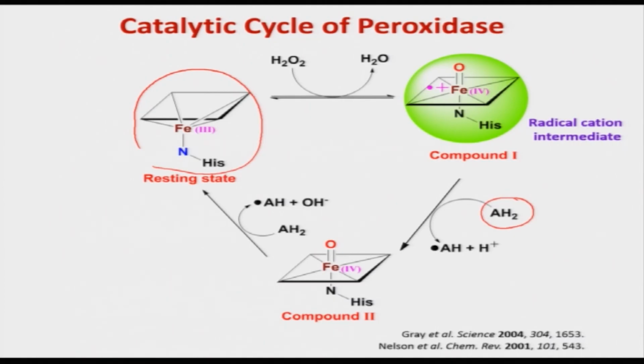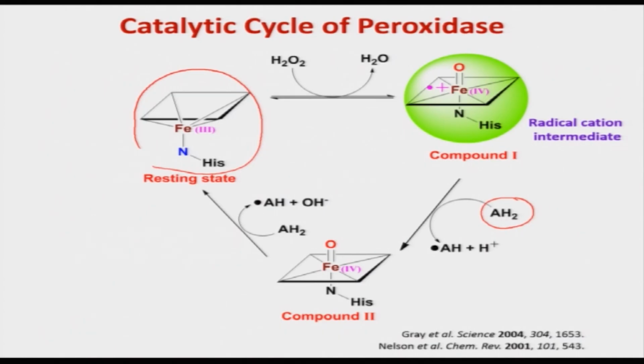This is a 2 electron oxidation, where iron 3 is oxidized to iron 4, and the porphyrin ring is also oxidized by 1 electron to a pi-cation radical. This 2 electron oxidized species is called compound 1, and this iron 4 oxo cation radical is a highly reactive intermediate, very similar to the intermediate observed in the catalase enzyme.